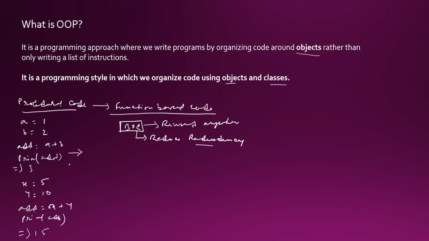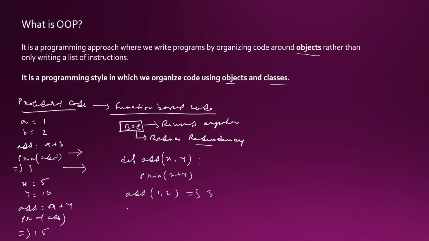So if we convert this code into function based code, then what can we do? We just write def, suppose add, and here we pass two parameters, that is x and y. Then we can perform print x plus y, and when we call our function add and pass our values 1, 2, then automatically it gives the output as 3.